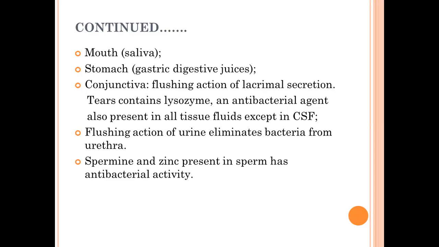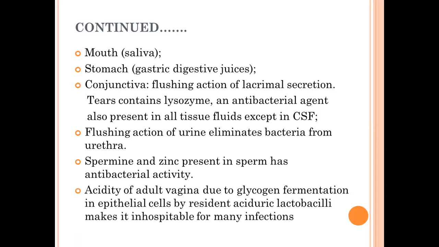Then the spermine and the zinc, which are present in the sperm, again have antibacterial activity. The acidity present in the vagina is due to the glycogen fermentation in the epithelial cells, and that fermentation is carried out by acidic lactobacilli, which makes it inhospitable for many infections.